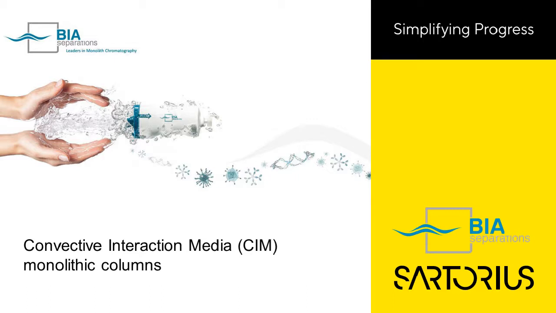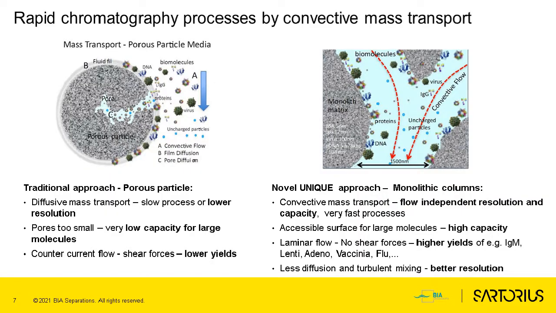The second reason is due to the properties of our chromatographic media, which are unique on the market. They are known to be continuous bits with continuous channels, which are not discontinued.